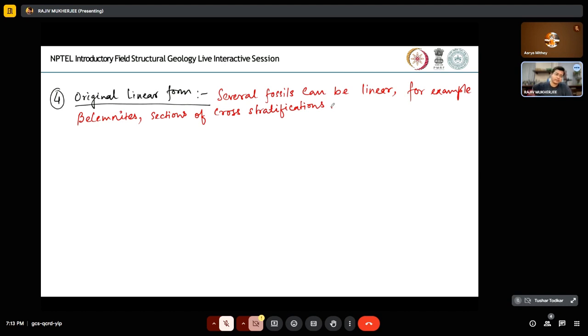So it would be originally linear and then it would be changed to something which is not linear. It can be either folded or it can be stretched apart to create boudins, right? They can also be compressed to create folds, or they can also be faulted. So the idea is that these particular features are not originated from deformation. They are basically sedimentary structures. So they can serve as linear strain markers.